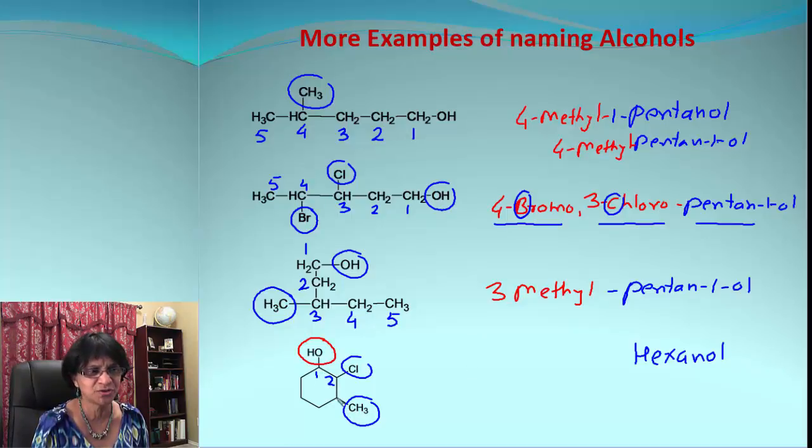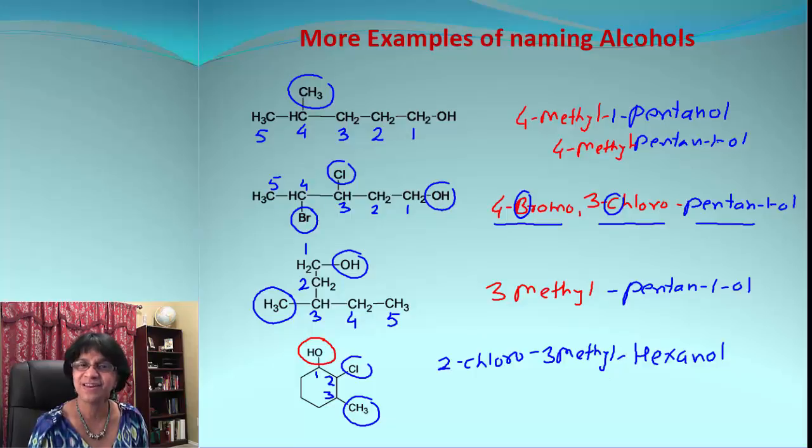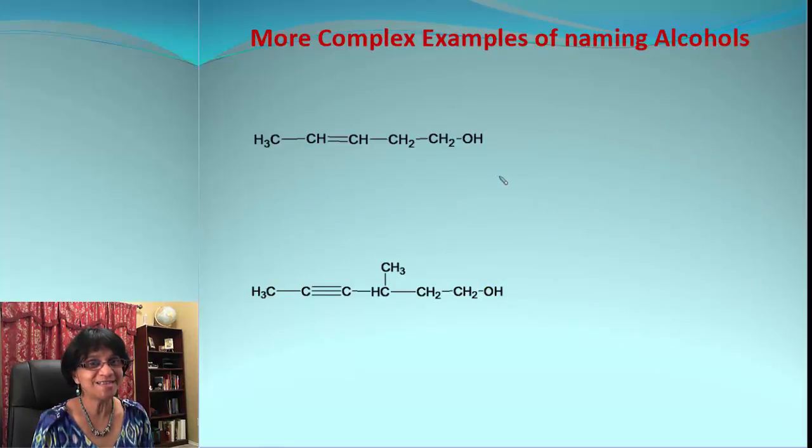But that's 1, 2, and that is going to be 3. So we got one as chloro and the second one is methyl. Remember alphabetically, chloro comes before methyl. So it's 2-chloro-3-methylhexanol.